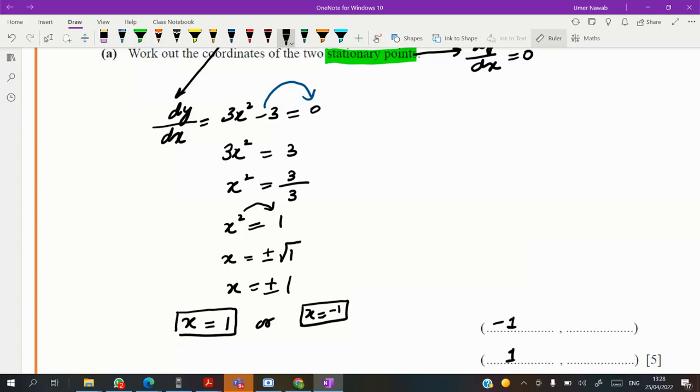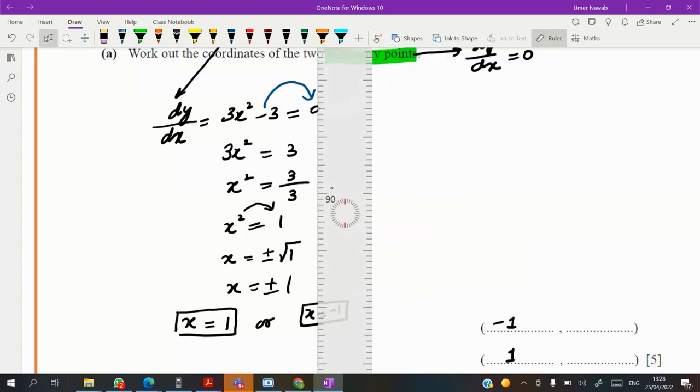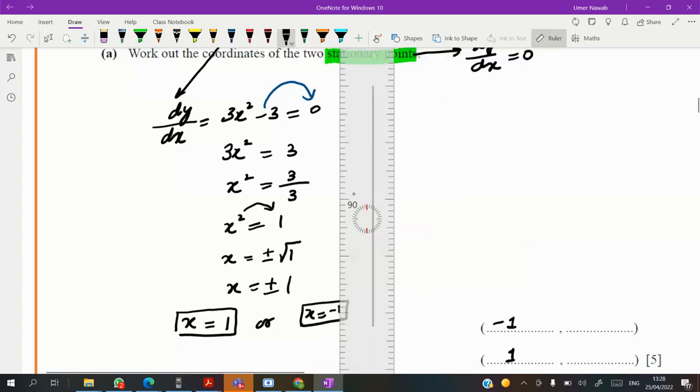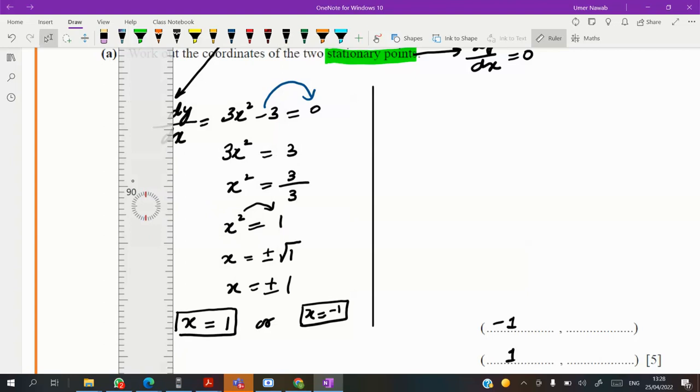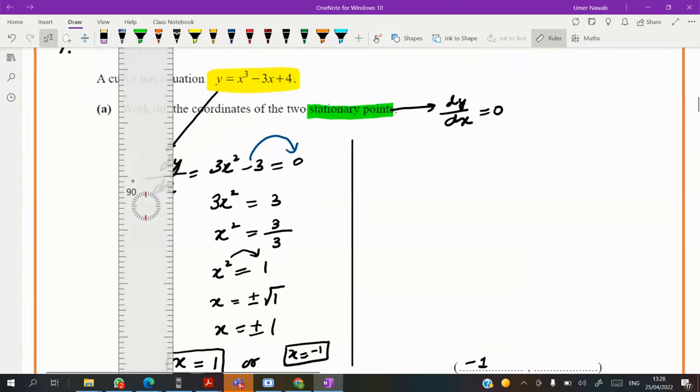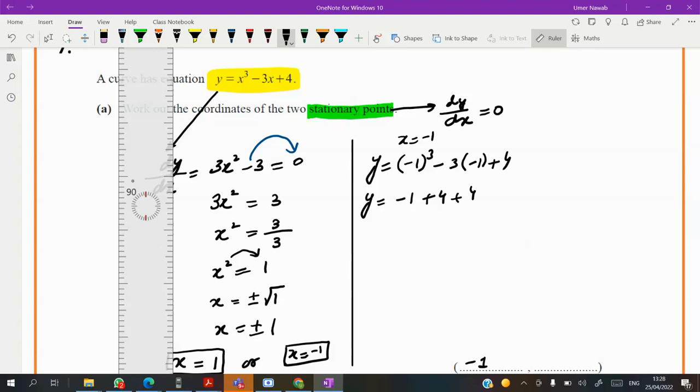To get the corresponding y coordinates, we substitute these values in the equation of a curve one by one. So if x is minus 1, and I'm putting x is equal to minus 1, y equals minus 1 plus 4 plus 4, so y is equal to 7.